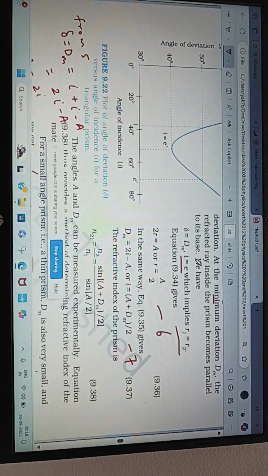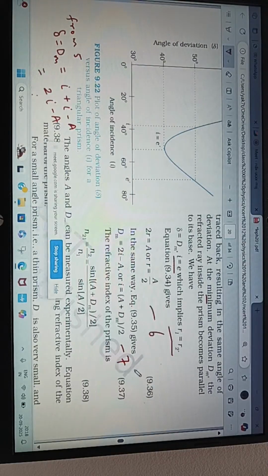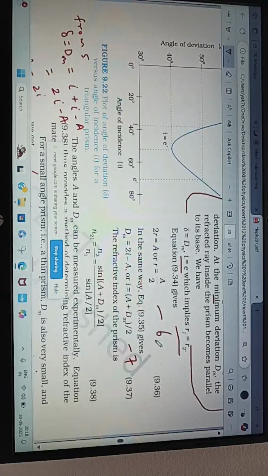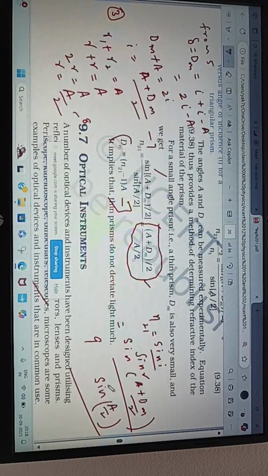Then 6 and 7, the minimum deviation explanation, take a screenshot of this part. Then take the 7th and 8th equation in one screenshot. This is the 9th equation, and you write here the 10th equation. How many equations did you get now? 10 equations. Fine?